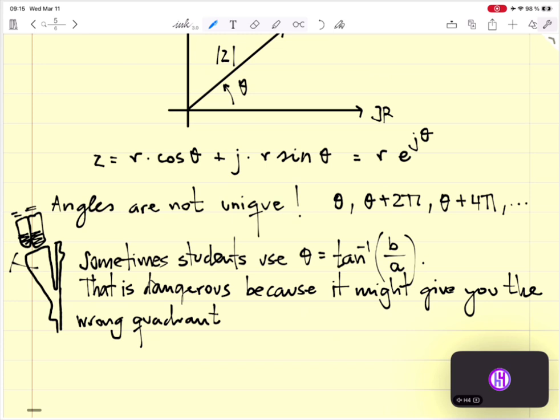So please always, and when I say always, I mean always, check the sign of the real part.